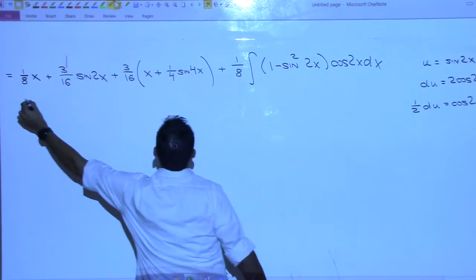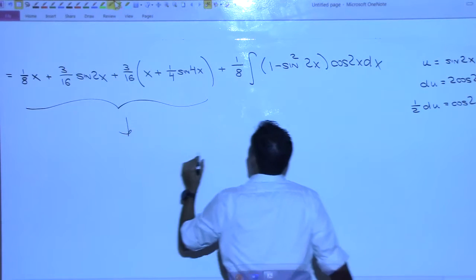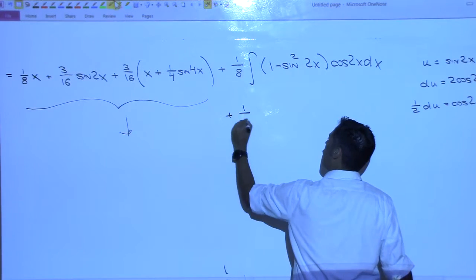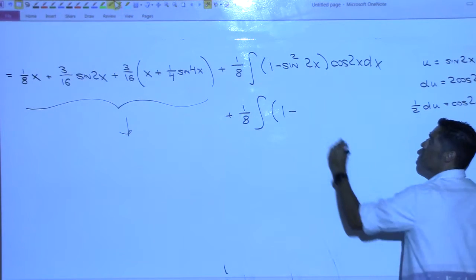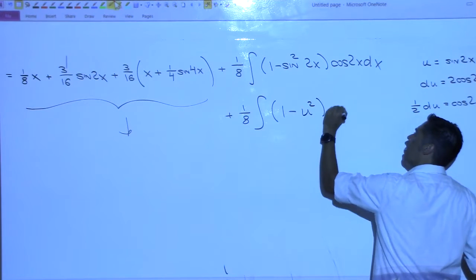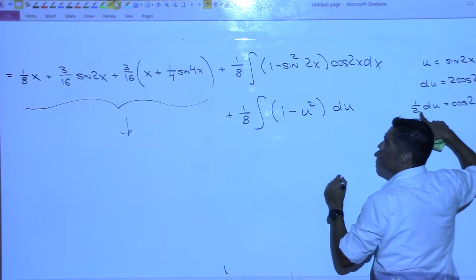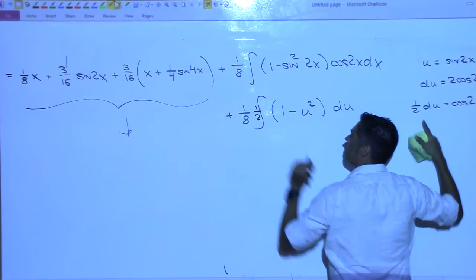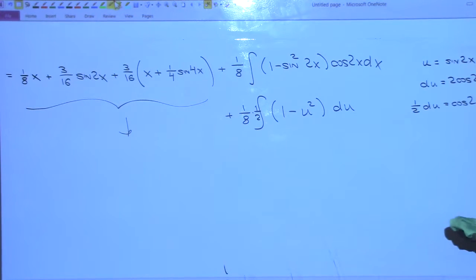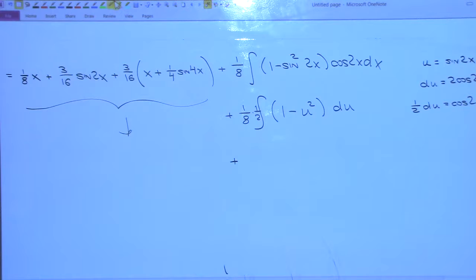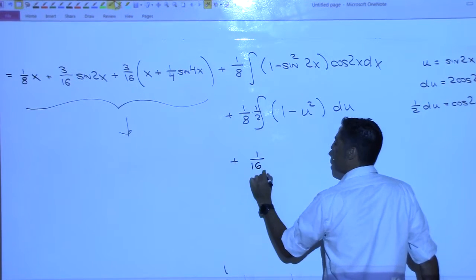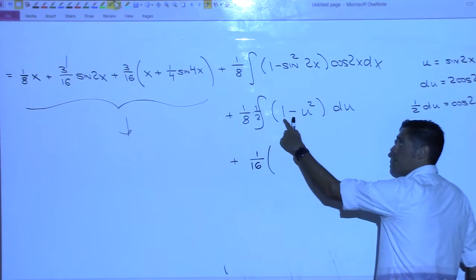So all of this stays the same. And then this becomes plus 1/8 integral 1 minus u squared du. And then we also have a half, right? So let's just bring that half out here. We're close, okay? We're almost there. So what's the constant in front? 1/16. Antiderivative time. Antiderivative of 1 is u.